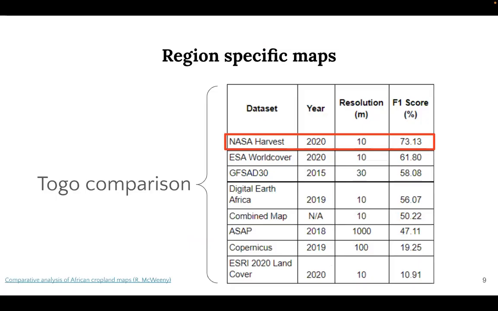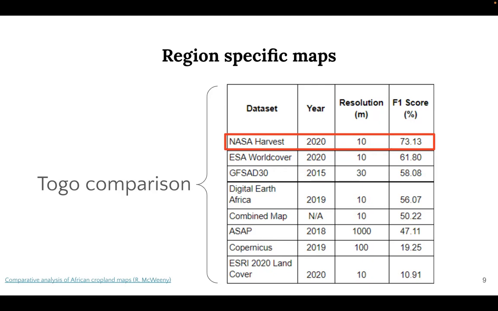Another thing that differentiates our approach is that we make region-specific maps. We develop a specific model and a specific evaluation set for every region that we work on. In that way, we're able to really optimize the model and make a map that has a great metric on that region.